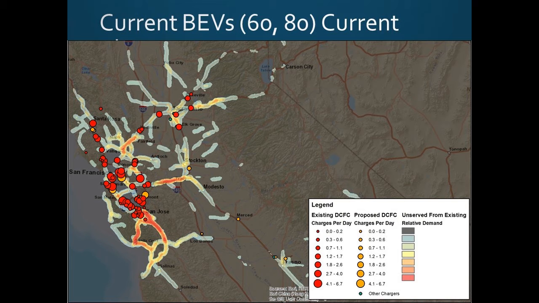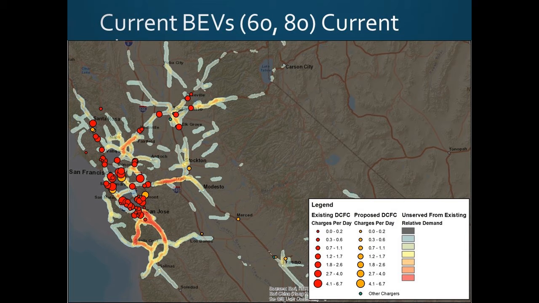Here you see in red the existing DC fast chargers, and there are some proposed ones we looked at in this scenario. How many people might show up at those in the context of these other vehicles? And what are these areas that show that there are a lot of people that make these trips, and there might be apparent demand that is not served by existing fast chargers?